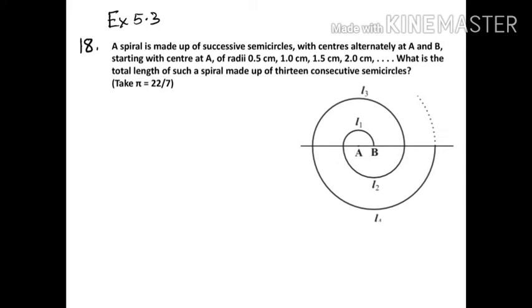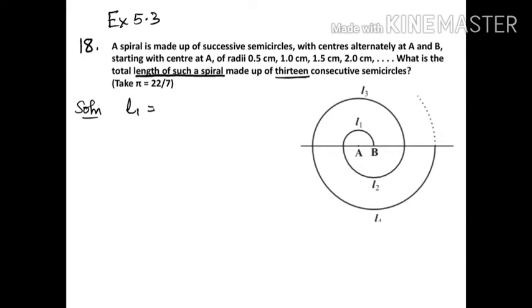What is the total length of such a spiral made up of 13 consecutive semicircles? So we can think of an AP in which each term represents the length of a semicircle. Let's start from the first semicircle.